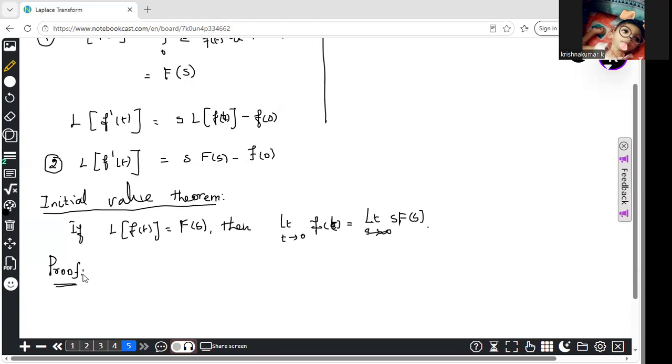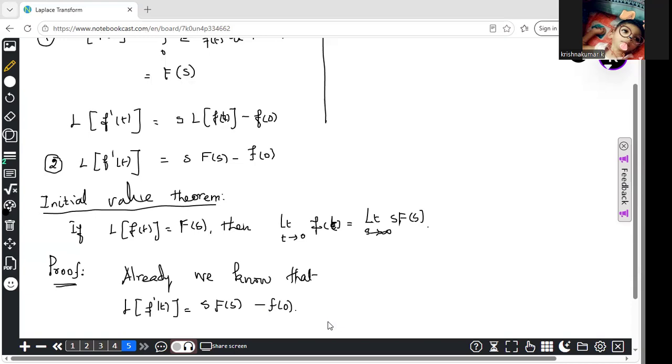To prove this theorem, I am going to use result 2, which you already know. The Laplace transform of f dash of t is equal to s times F of s minus f of 0.